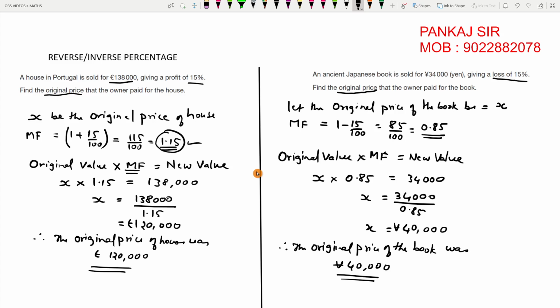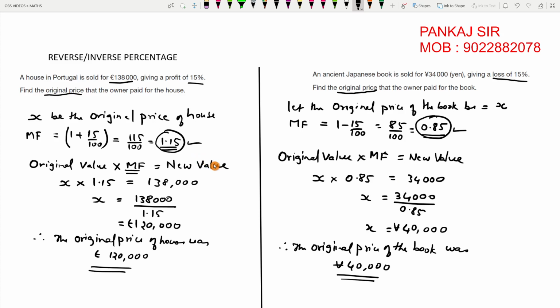And if it is a loss, your multiplication factor will be 1 minus that loss percentage divided by 100, and when you simplify it, you will get an answer which will be less than 1. So that is very important. The multiplication factor is less than 1 if there is loss. It is greater than 1 if there is profit.